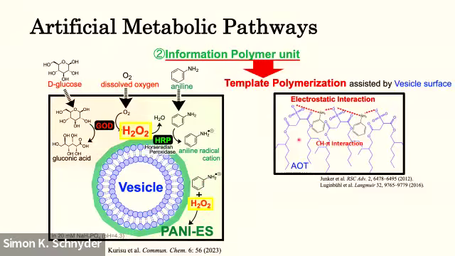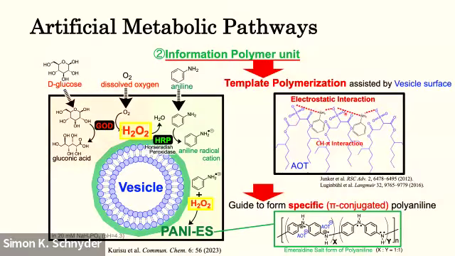The AOT vesicle, this is the picture of AOT vesicles, which have sulfonated head structures, provides a specific reaction field for the polymerization of aniline molecules. And in the presence of such a sulfonated vesicle membrane, the polymerization of aniline molecules is guided to form a specific pi-conjugated polyaniline structure.